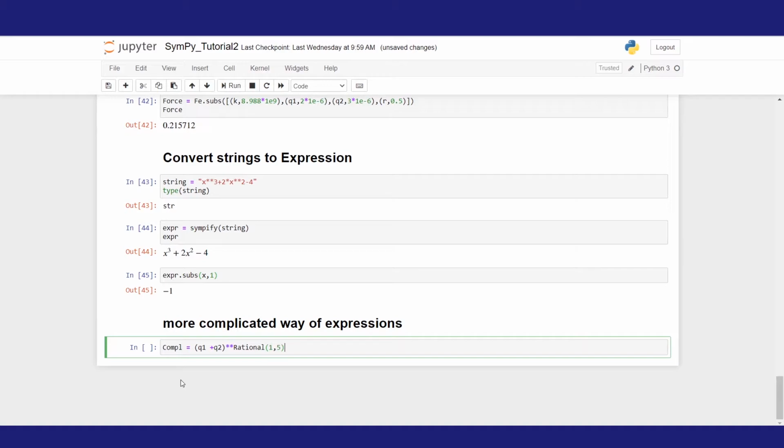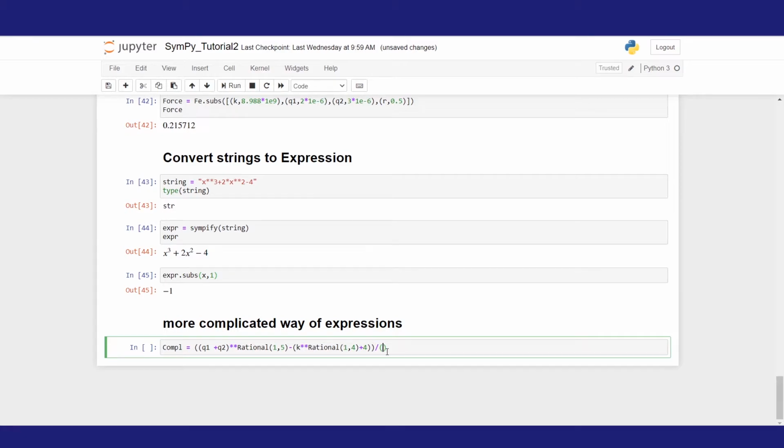And then this is going to be equal to, minus, let's say we have a constant k that is raised to the power a fourth. This is going to be Rational k of 1 and 4, and then plus maybe 4, and let's say everything is going to be over some other bigger expression, maybe the 2/5 of something.